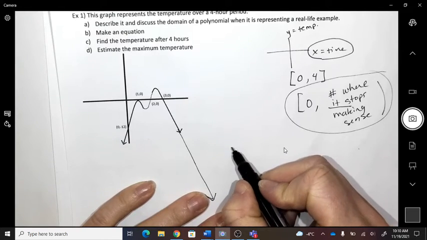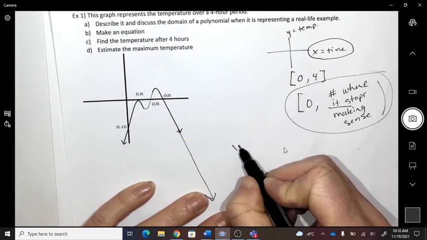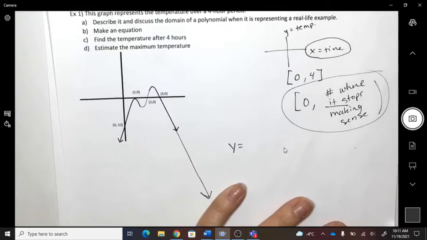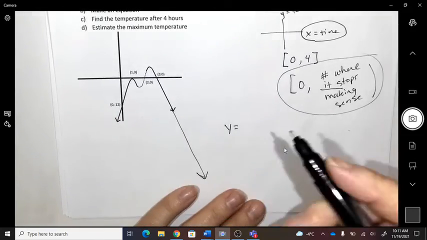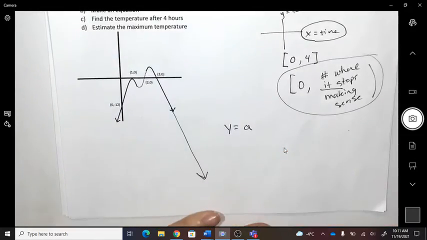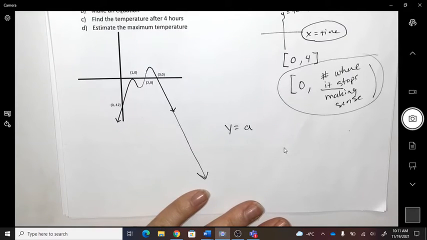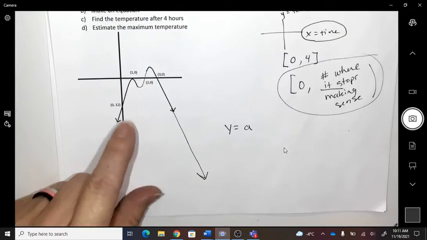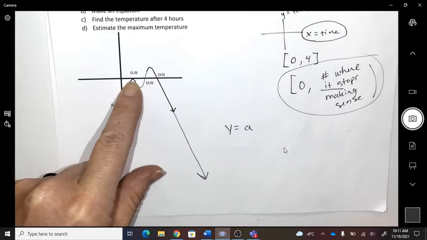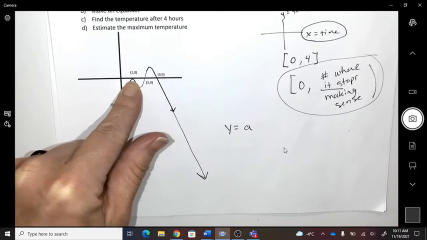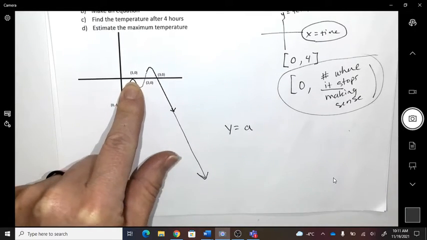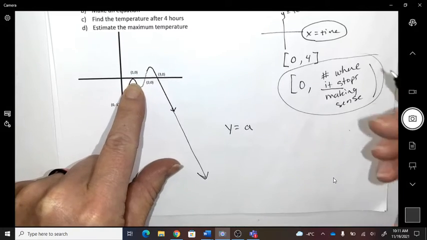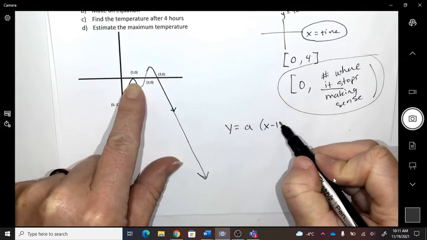Okay, so we could use other letters like time or whatever, but I'll just go y equals some kind of coefficient. How do I write a factor when the x-intercept is at 1? X minus 1?